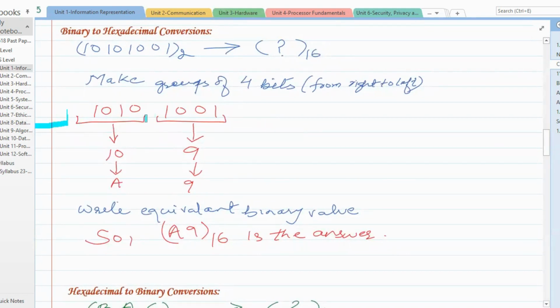If in case you do not have enough bits, like you don't have 4 bits, then you just take all the bits whichsoever is left. Like if 3, then put a 0 at first place, or you just make a group of those 3 bits only. Okay, so make a group of 4 bits. That's the first step, right? Make group of 4 bits from right to left.